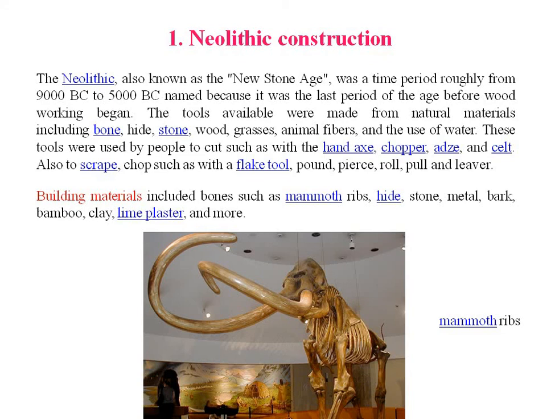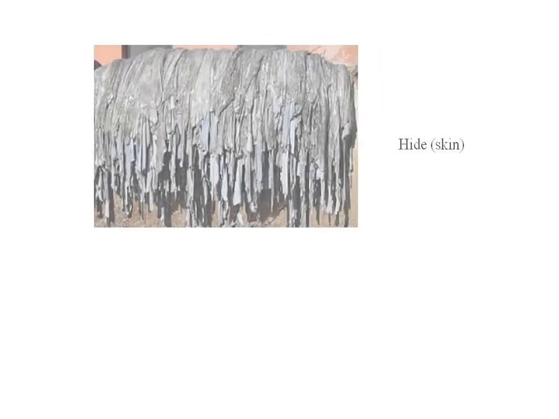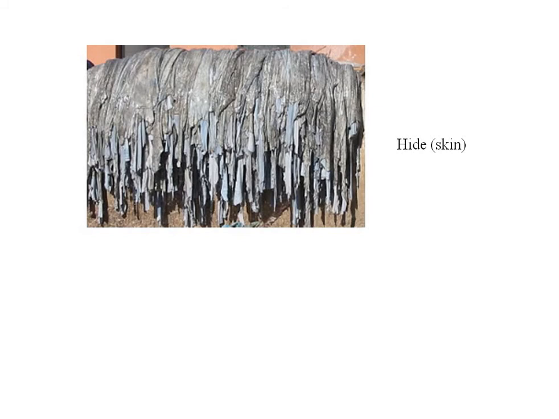This is the mammoth, an animal, and its ribs were used for construction. It was used as a stool and a construction material also. This is the hide, which is known as skin. This is the leather which we are using now also for construction.